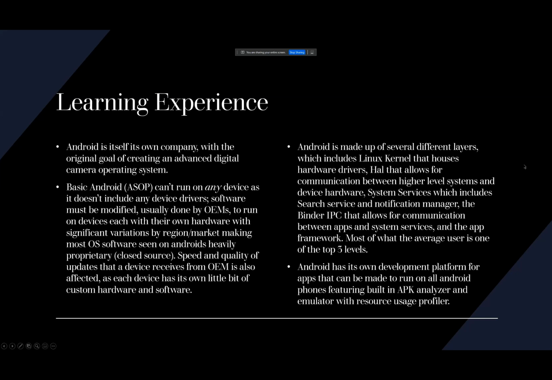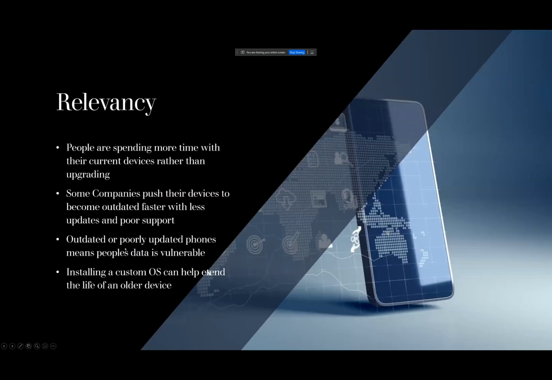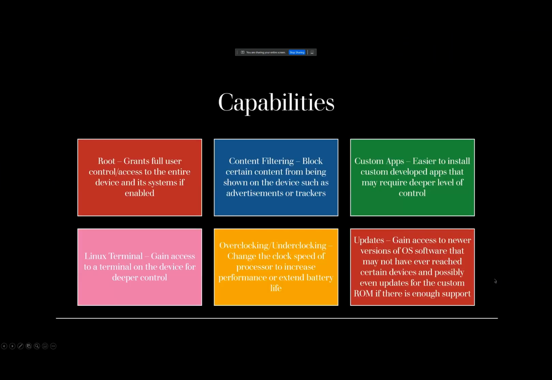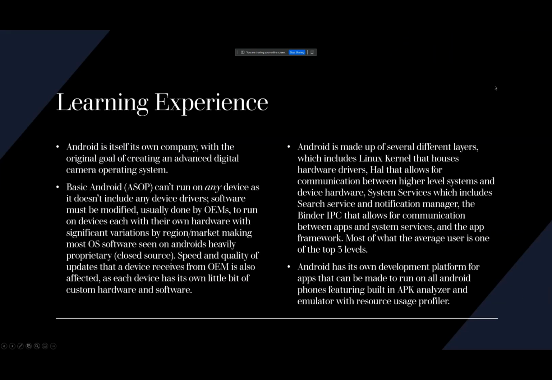Android itself is made up of several different layers, as you guys probably saw on this slide right here. So it's based on the Linux kernel that houses the hardware drivers, the HAL that allows for communication between different level systems, but lower level.